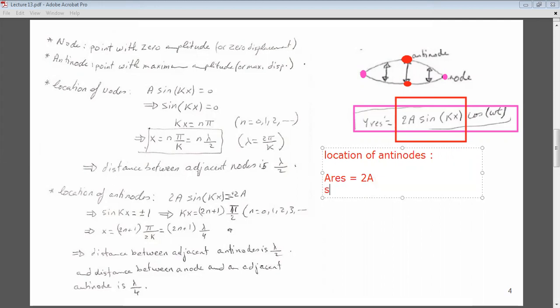So when does this happen? This happens when sine kx is equal to 1. And this happens when whatever is inside the sine function is an odd multiple of pi over 2. So kx will be equal to (2n plus 1) pi over 2, where n is 0, 1, 2, etc., an integer.